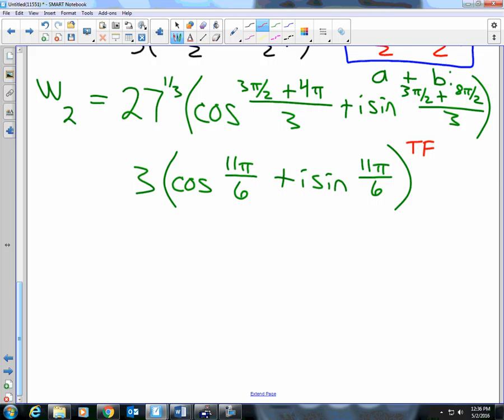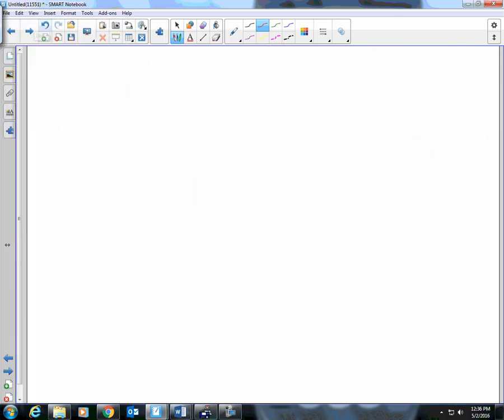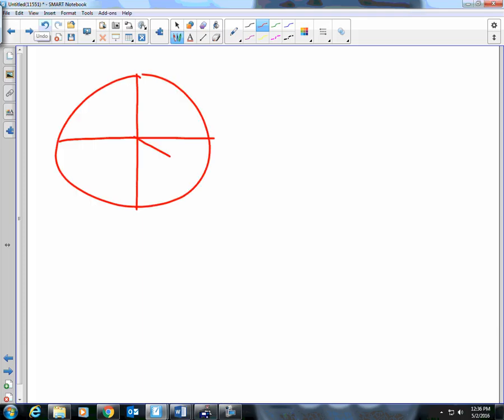That's what you would call trigonometric form. Is 11 pi over 6 on our unit circle? Yep, it is. How many degrees is 11 pi over 6? 330. So what kind of triangle do you have? What is the terminal point of that one? Very good.